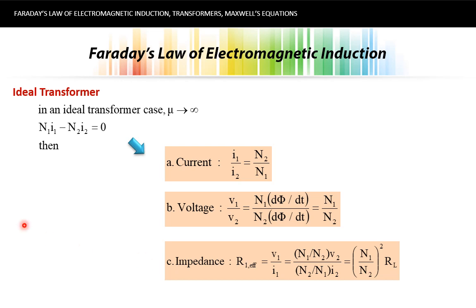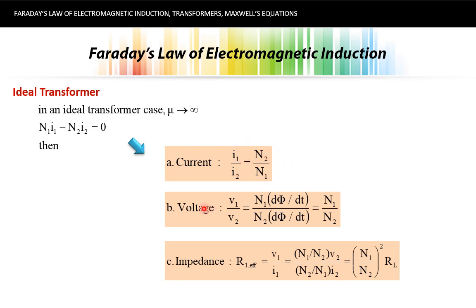In an ideal transformer case, mu goes to infinity. Thus, the basic equation takes the following form. Then, we can easily write down the following relations. First, for the current, we can write I1 over I2 is equal to N2 over N1.